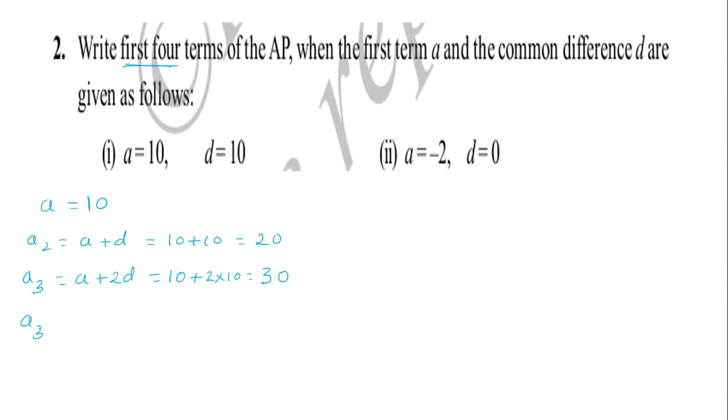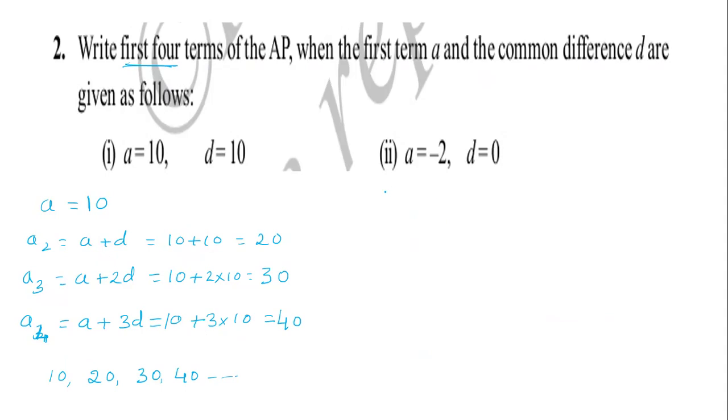A4 is equal to A plus 3D, 10 plus 3 into 10, 30 plus 10 is 40. The four terms are 10, 20, 30, 40, and so on.